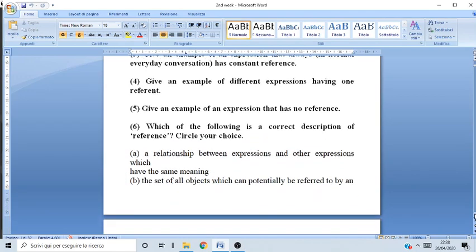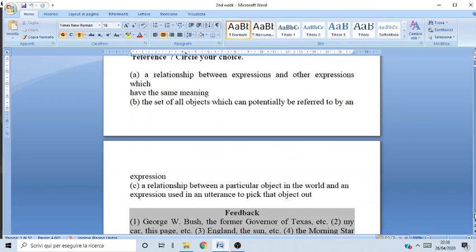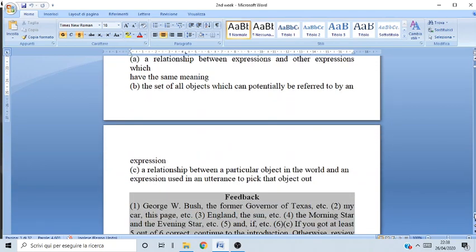Of having no reference, number 5, prepositions, for instance: at, to, of. And then I would say that for C, a good description is the relationship between a particular object in the world and an expression used in an utterance to pick that object out.